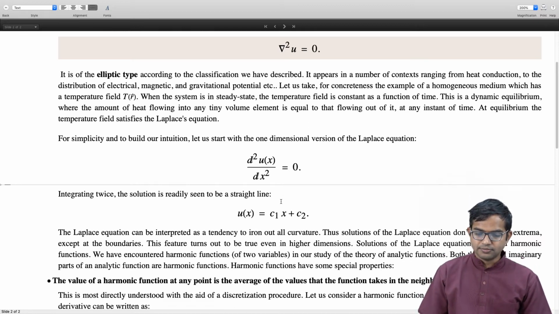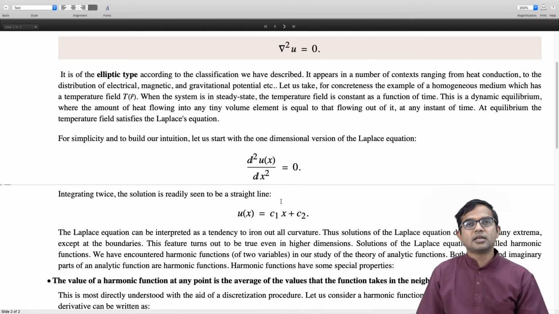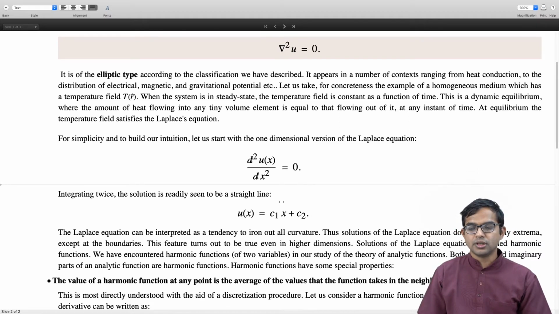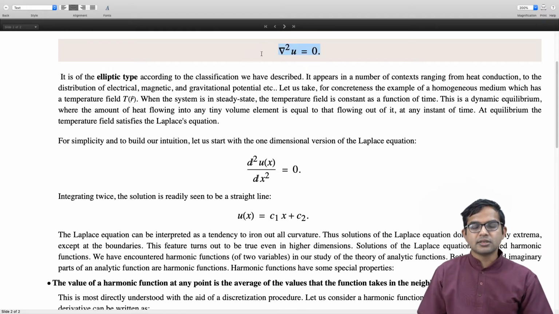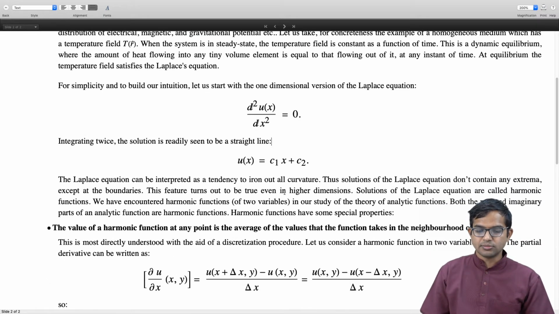right? So let's understand this for the 2D version using a discretization of the differential equation. So you have this partial differential equation. Let's take this partial differential equation and recast it into a discrete version of the same PDE, where it becomes explicit how this average value property comes about, right?